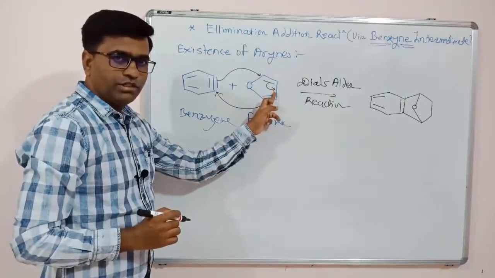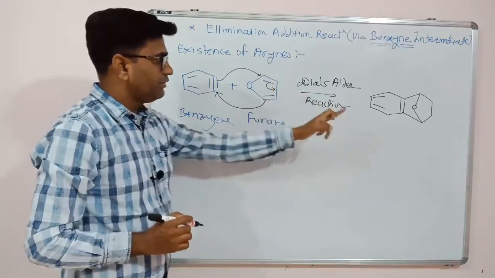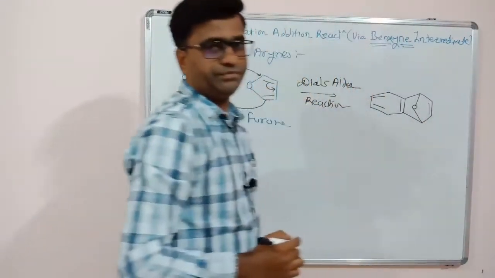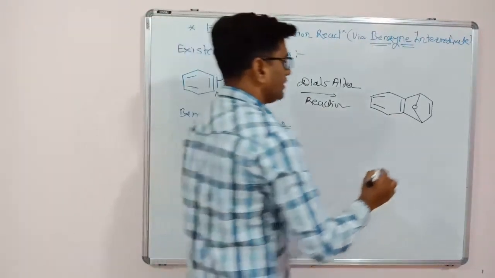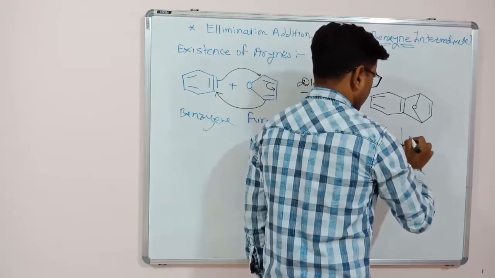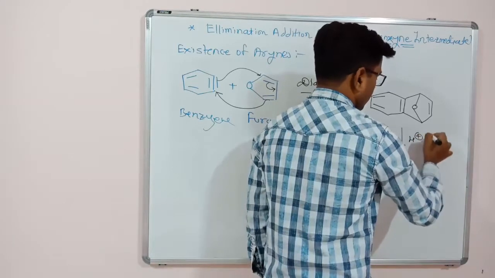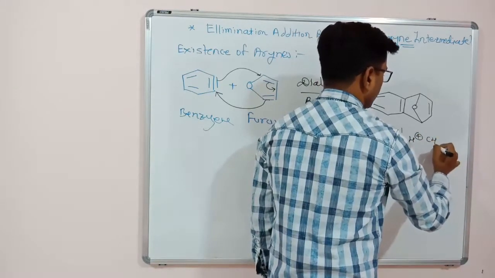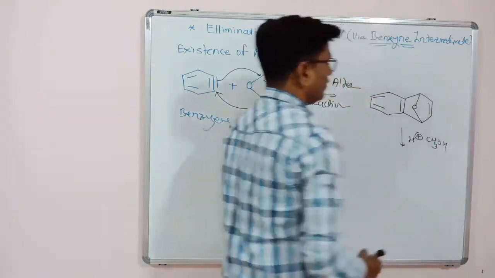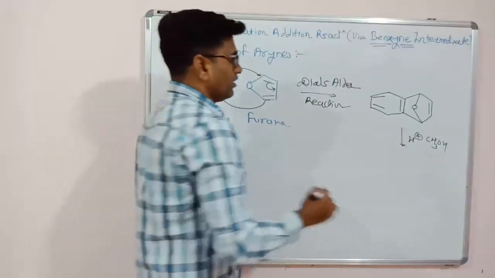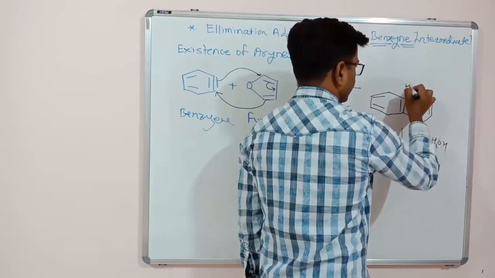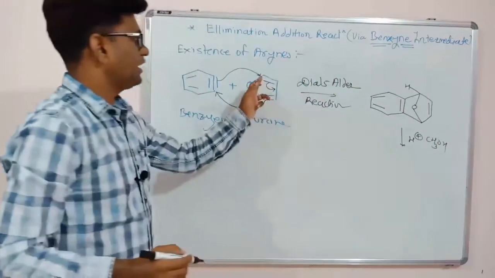Secondly, here is a single bond. Because of this pi bond, there will be the formation of a pi bond. So this intermediate we will get. In this intermediate, if you apply some acidic medium in the presence of some solvent like water or methanol, no problem. Suppose here is one hydrogen, the aromatic hydrogen.